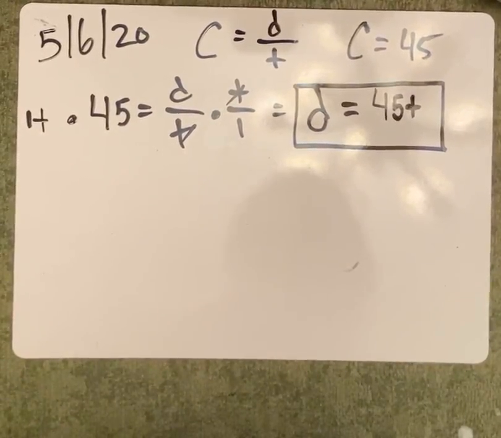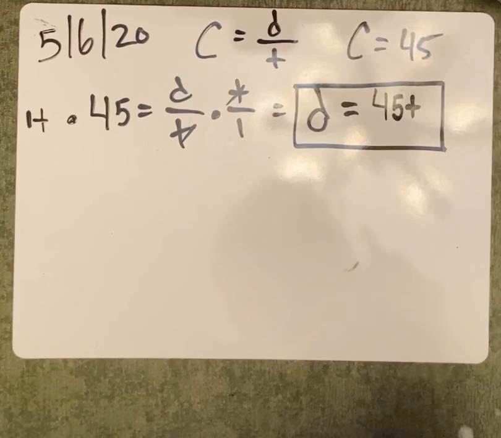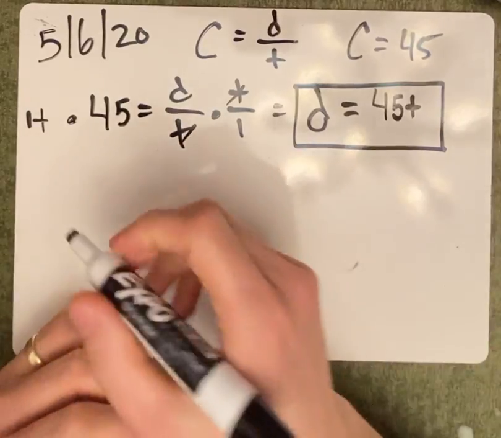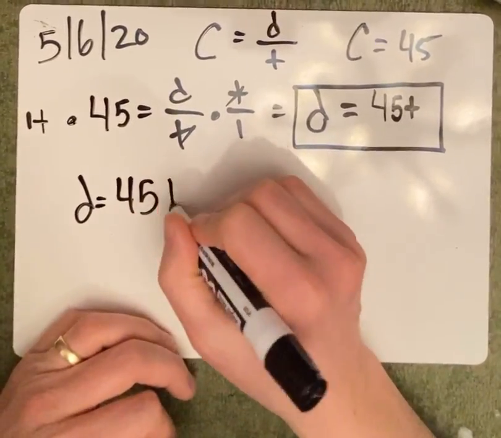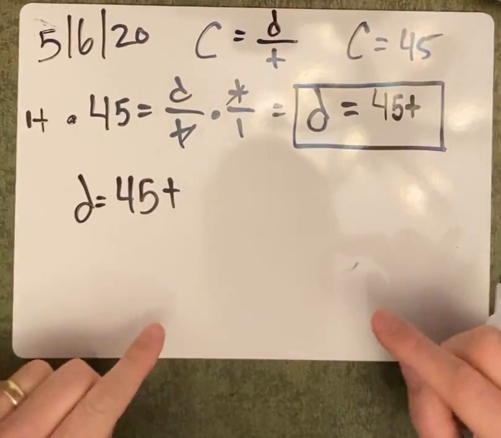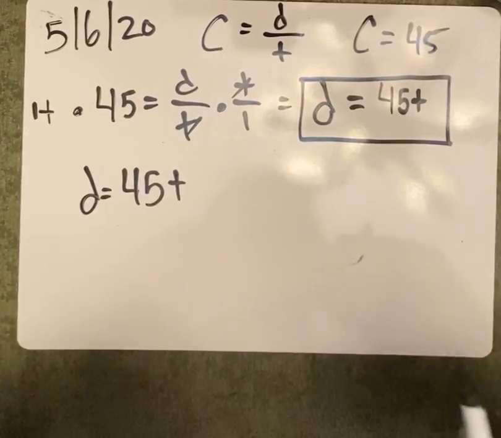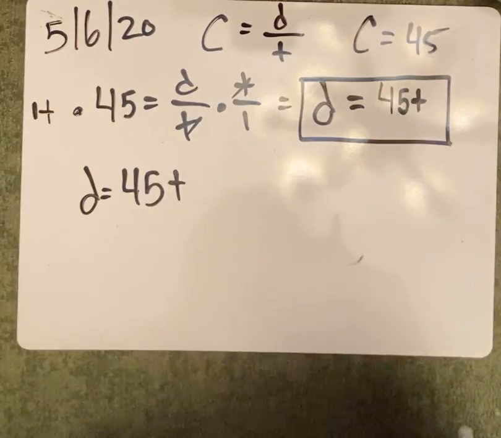And this is a two-part problem. The next part says, how many miles will it travel in 2.5 hours? So let's look at our equation now. I got D equals 45T. How many miles will it travel? So that means I'm looking for D, distance. They're telling me I'm traveling in 2.5 hours.